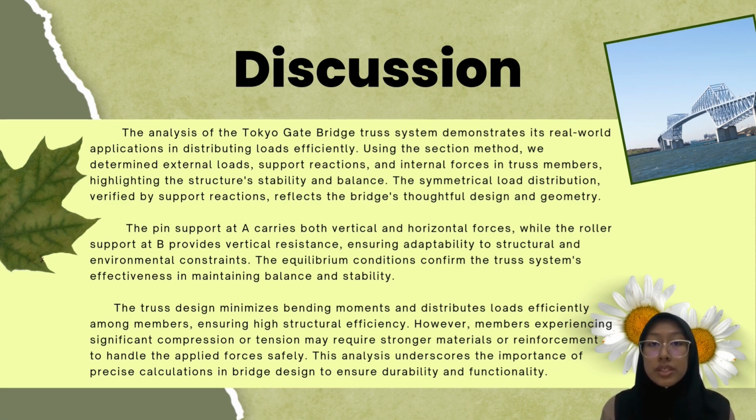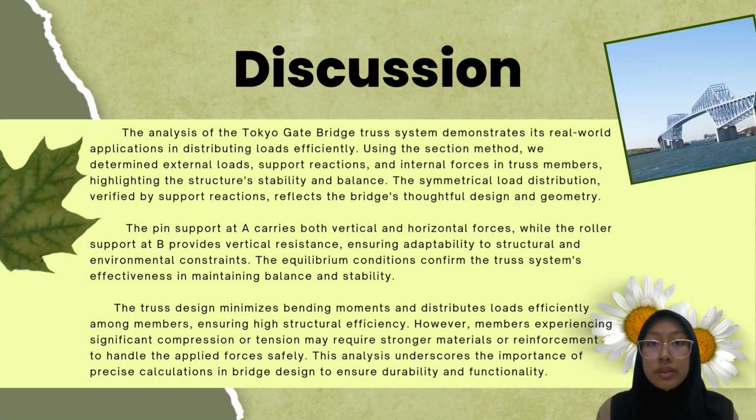The support reactions show a symmetrical load distribution due to the bridge design. At point A, the pin support handles both vertical and horizontal force, while at point B, the roller support resists only vertical force. This reflects the bridge's consideration of structural limitations and environmental impact.